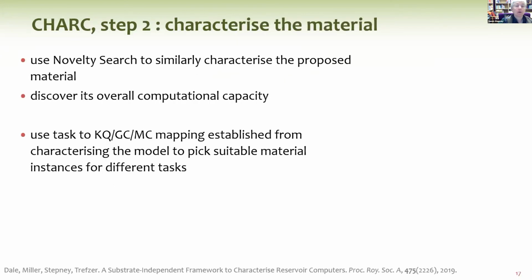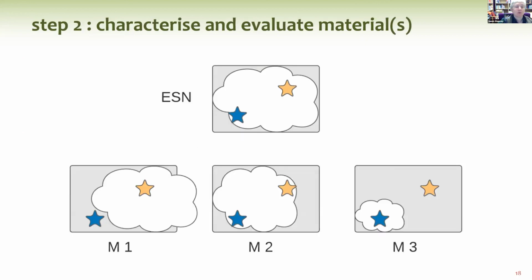And then we characterize the actual material. And again, we use novelty search in exactly the same way to discover its computational capacity. And then we can use the mapping established from characterizing the model to find suitable material instances, suitable material morphologies, I might say, for those different tasks. So here we've got maybe three different materials.